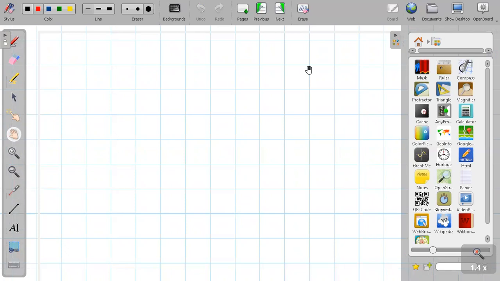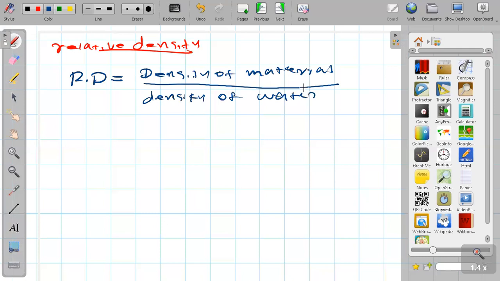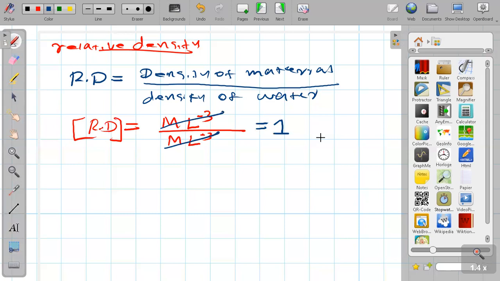Now write relative density. Can you understand it?